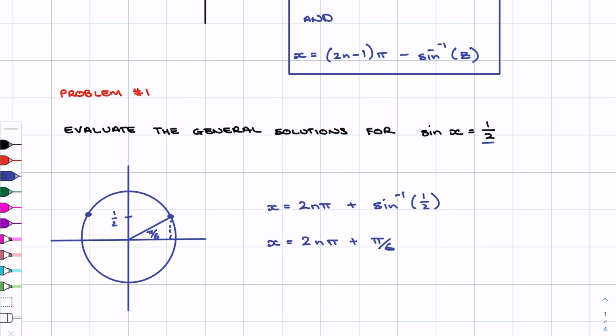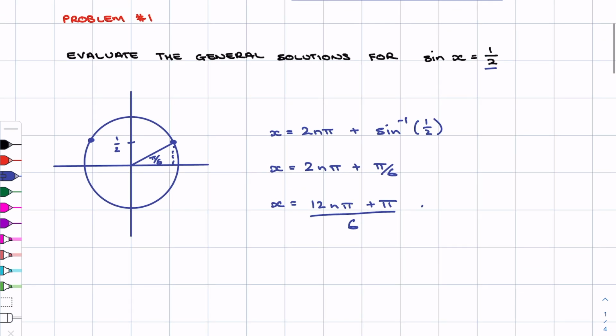Okay, we might want to try to just neaten this up a little bit. So I'm going to say 12n pi plus pi all on 6. And then let's take a factor of pi out of here. So 12n plus 1 on 6.